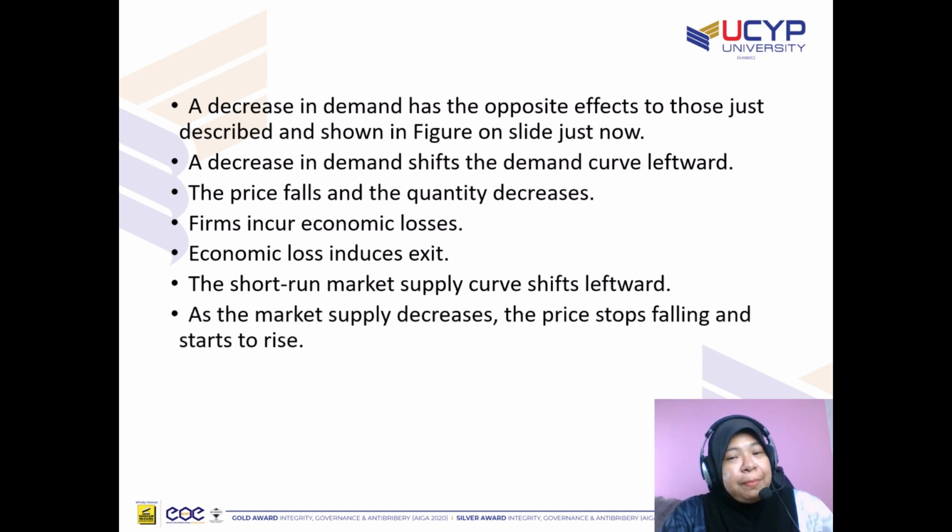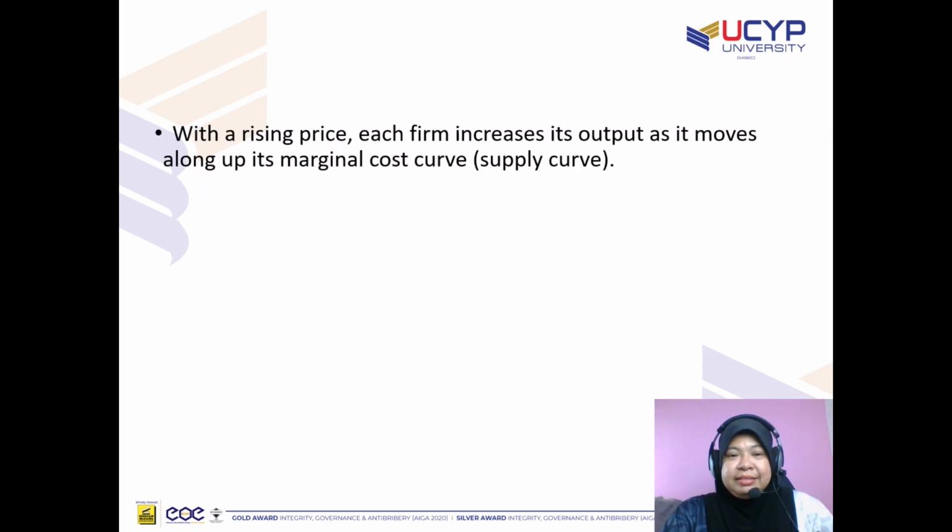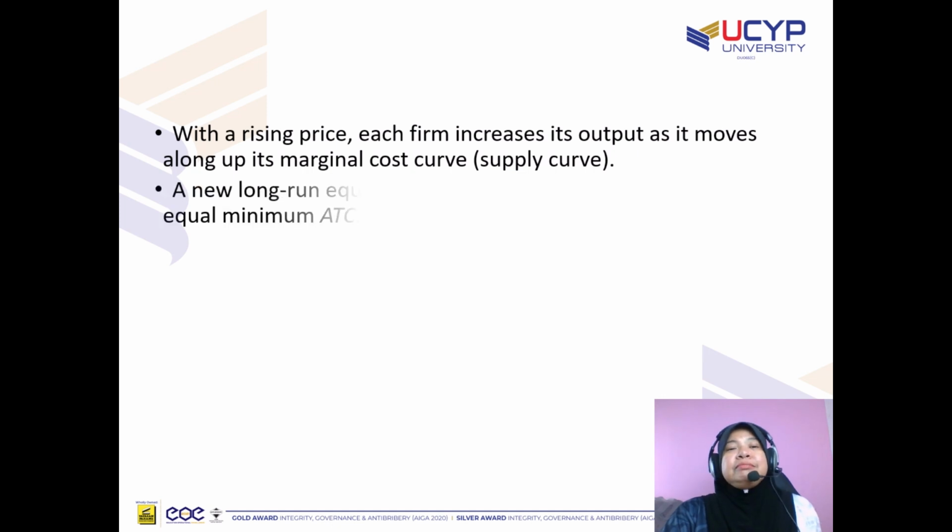As the market supply decreases, the price stops falling and starts to rise. With a rising price, each firm increases its output as it moves up along its marginal cost curve, also known as its supply curve.